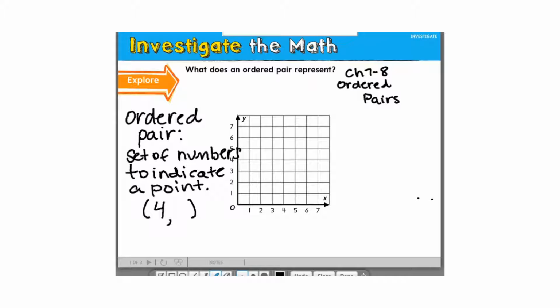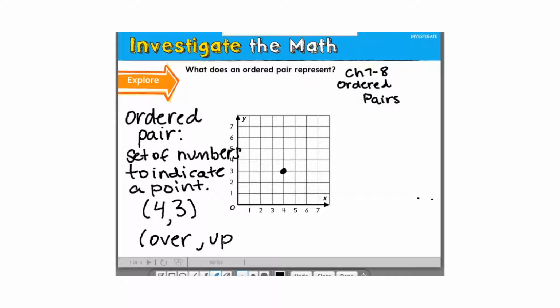The second number in my ordered pair is how many spots it goes up. So you go over first and then up. If the ordered pair is 4, 3, it would be right here on my grid. Do you see how I've gone over 4 and up 3? Everybody see that? So on an ordered pair, you go over first.